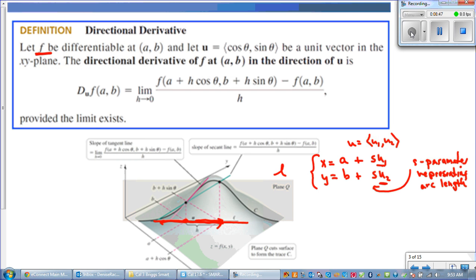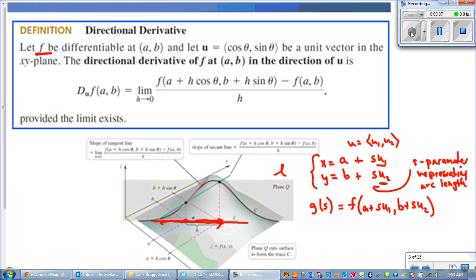Okay, so now we're going to define a function, G. So G of S, where S is the distance we're moving along that line L, will be the function value F at A plus SU1 and B plus SU2.